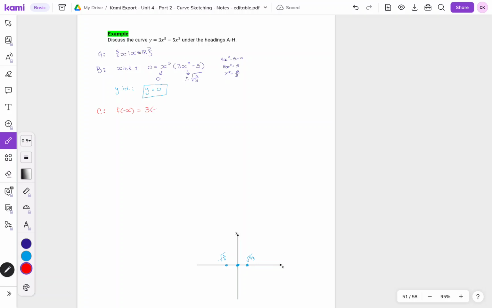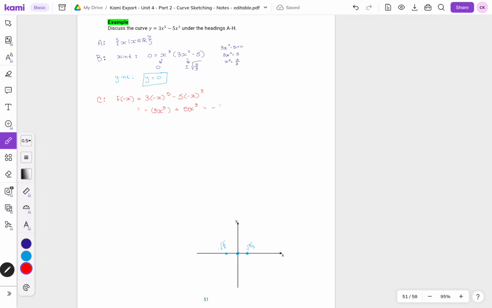So this is going to be 3 negative x to the 5 minus 5 negative x to the 3, which is going to be negative 3x to the 5 plus 5x to the 3, which, if you look at this, it's just negative 3x to the 5 minus 5x to the 3, which is negative f of x.